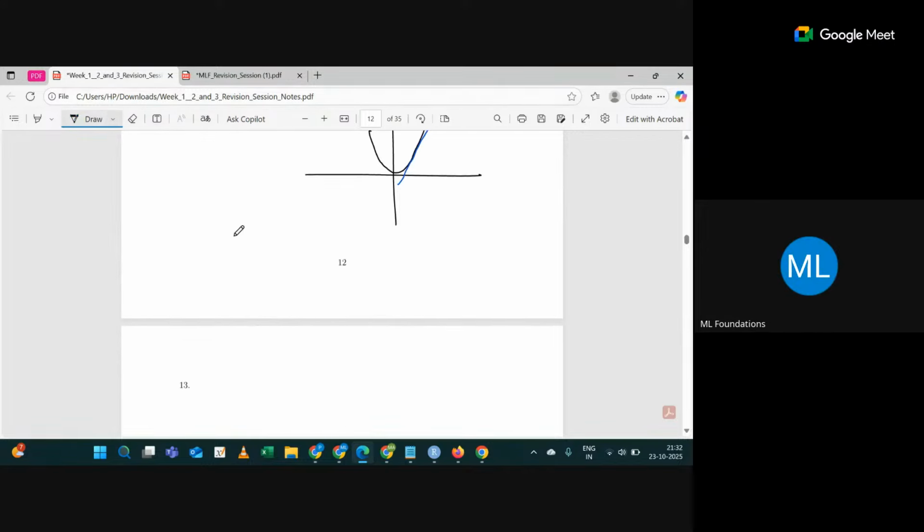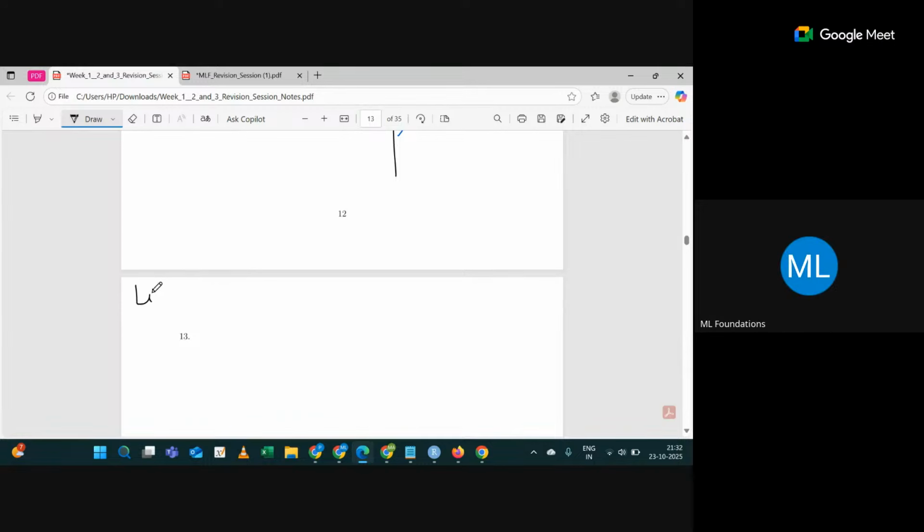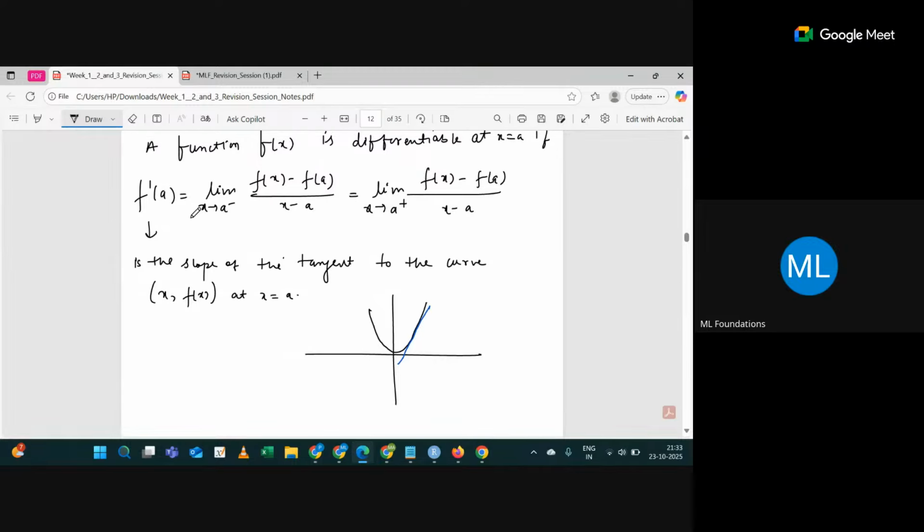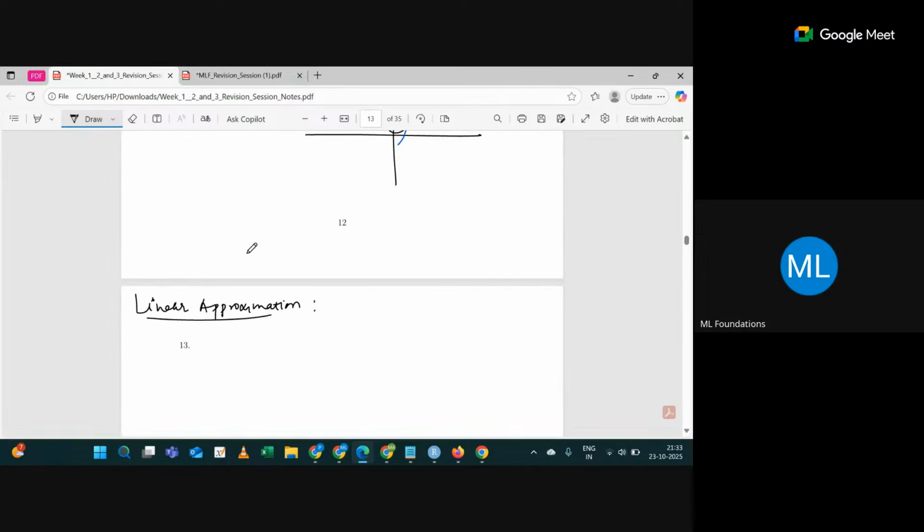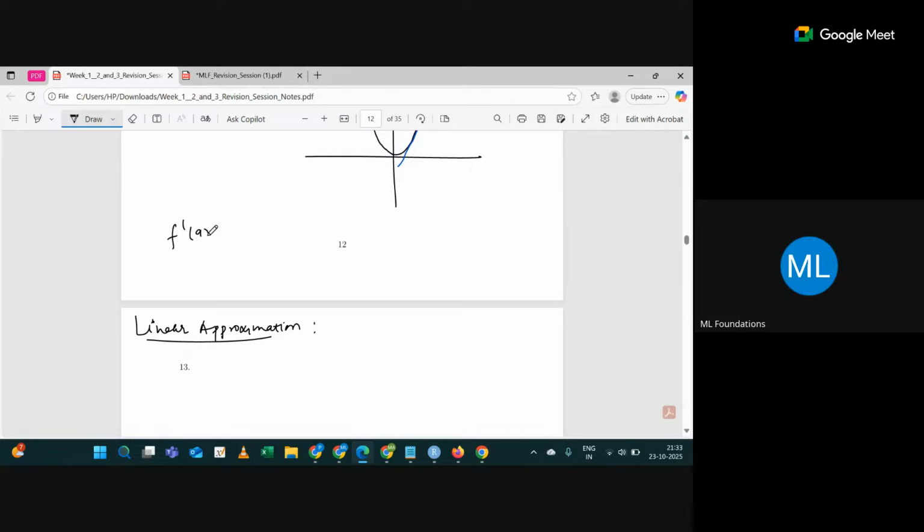Okay, so the next is linear approximation. If you see this formula, this f dash a is approximately equal to f of x minus f of a divided by x minus a. So from here, what else can I write?